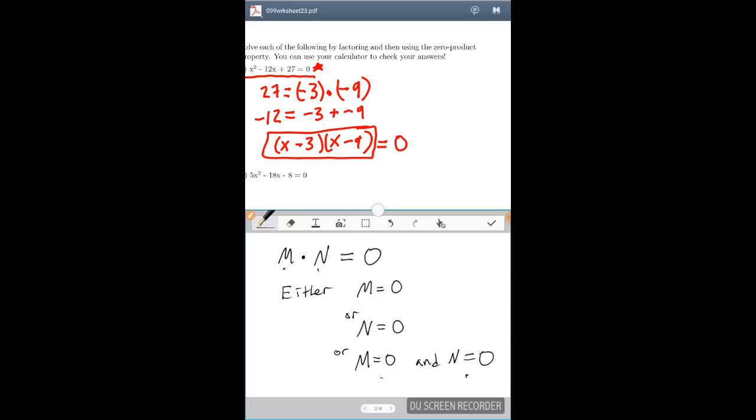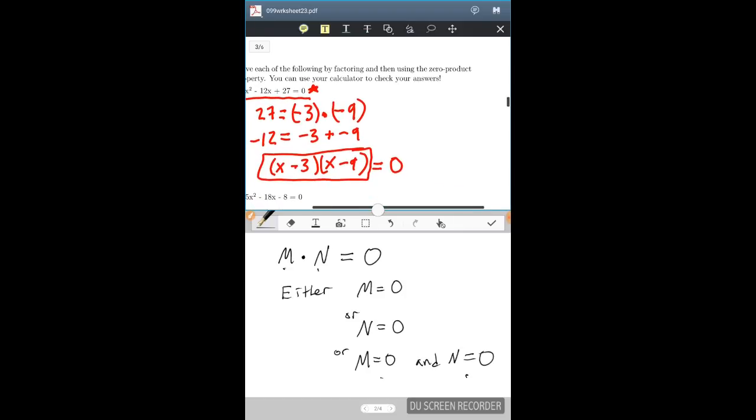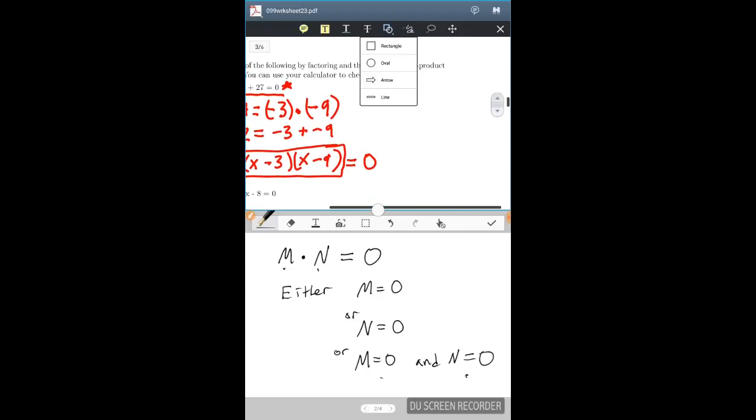So going back to my problem, that means that either x minus 3 is 0, and what we could do is just stop thinking about the whole rest of the problem. Let's just focus on this. We're saying it's possible that that first piece can be 0.